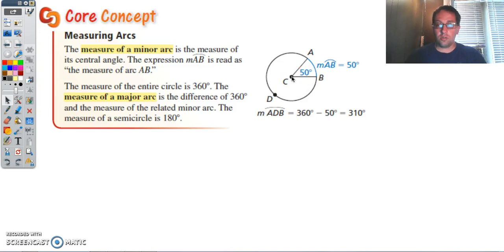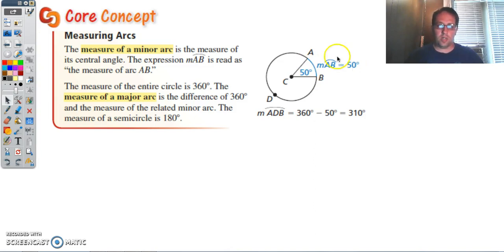C is the center of the circle. So since angle ACB has C as its vertex, this is referred to as a central angle. And the measure of the arc is the same as the measure of the central angle. So since ACB is 50 degrees, the measure of arc AB is 50 degrees.